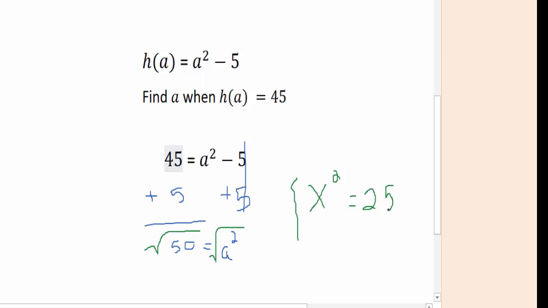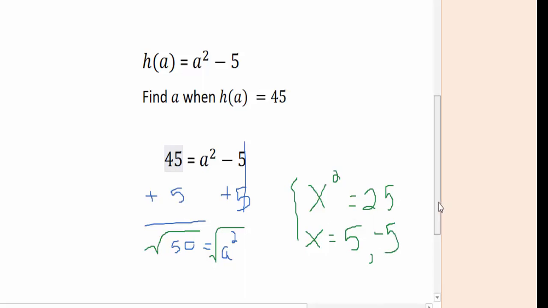We know that if x squared equals 25, well, x must be 5. But as we saw earlier, if I were to substitute a negative 5 in for x, negative 5 squared, negative 5 times negative 5, is also 25. So my answer is not just 5, but it can also be negative 5.